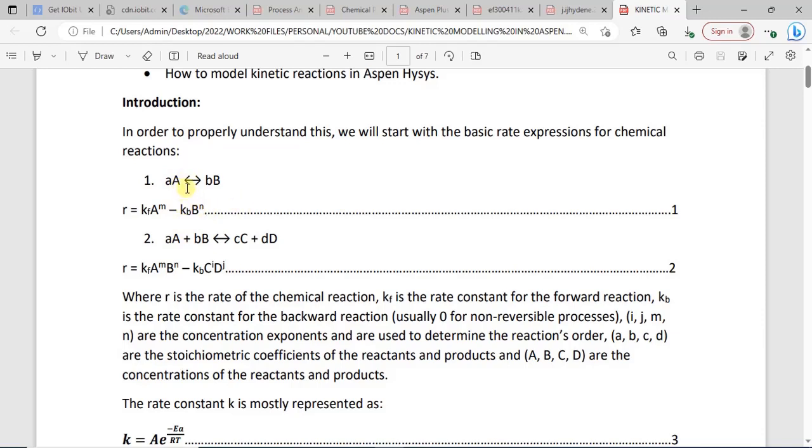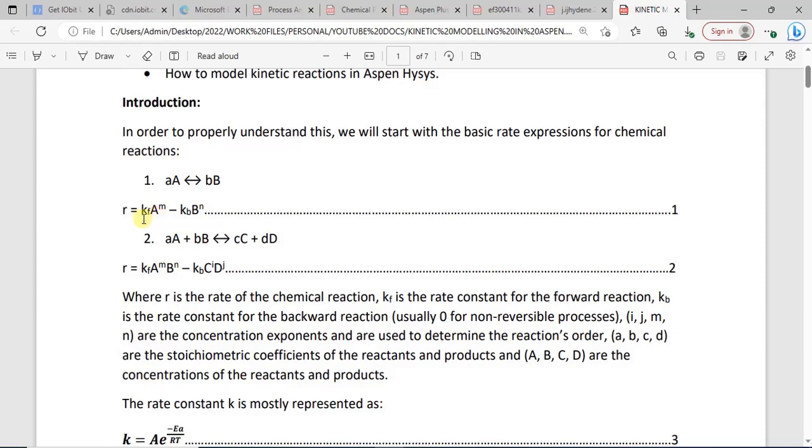For example, for the first reaction, R, the rate of the chemical reaction, is equal to Kf A^m minus Kb B^n. For the second reaction, R is equal to Kf A^m B^n minus Kb C^i D^j. Basically, the rate expression is the rate constant multiplied by the concentration of the reactant.